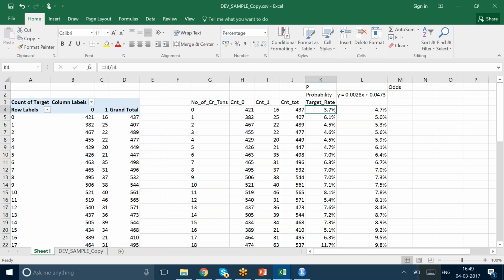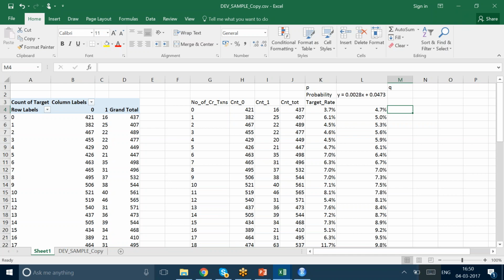What is the probability of event occurring here? 3.7. Probability of event not occurring? Typically, probability of event occurring is represented by P and probability of event not occurring is represented by Q. So what is the probability of event not occurring? 1 minus target rate.